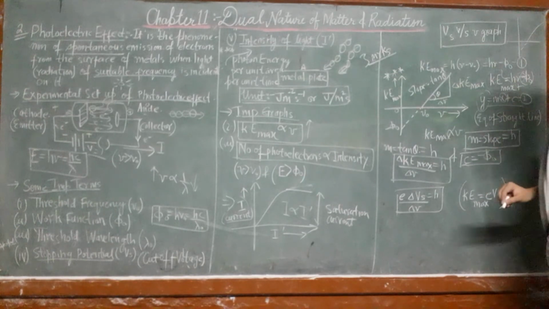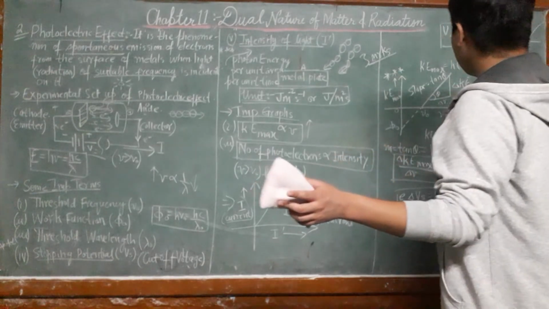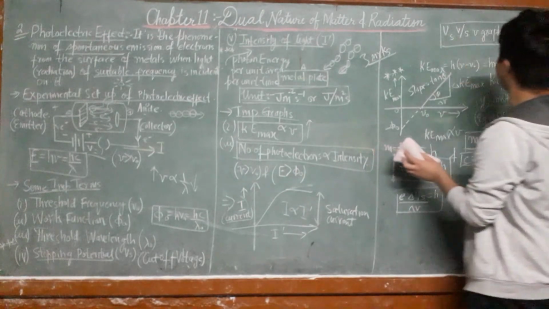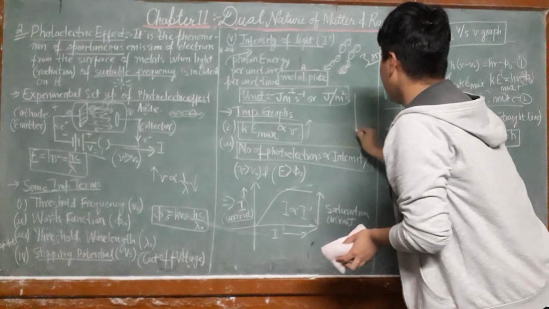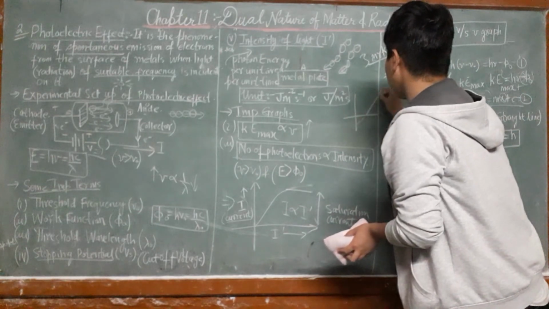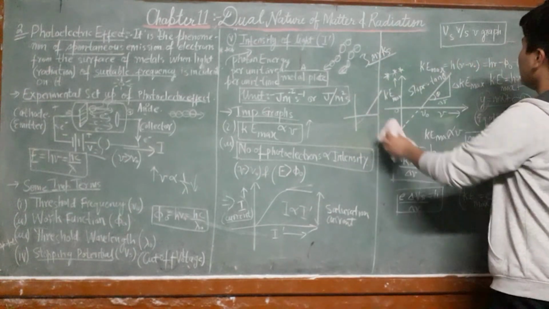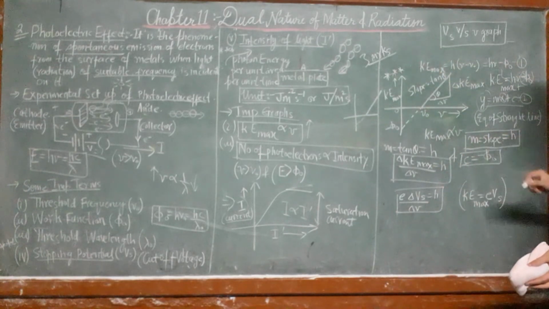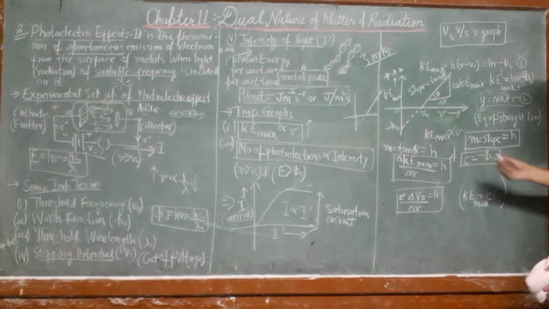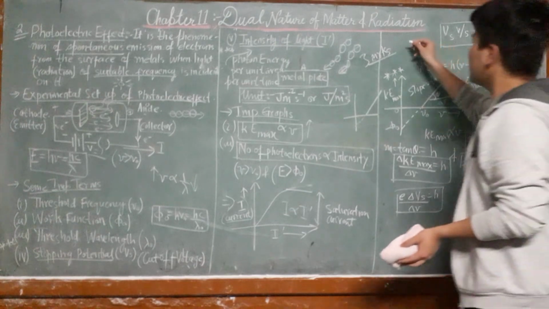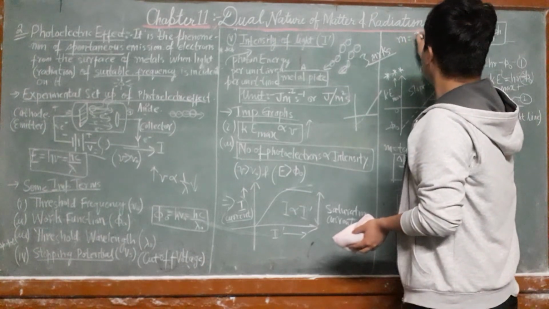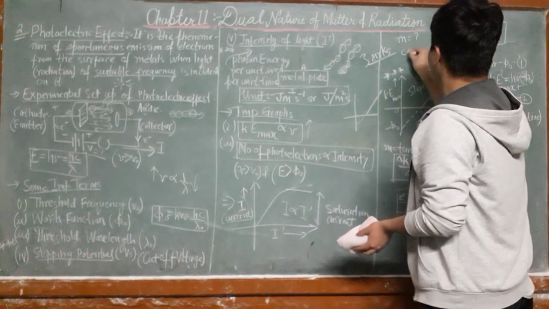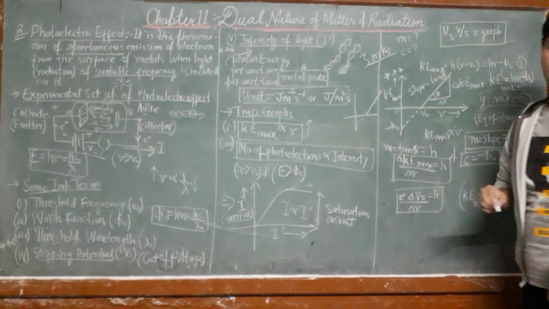I want all of you to write the answer in the comment box. In this case, what is the slope, and what is the intercept? What is the value of m and the value of c?